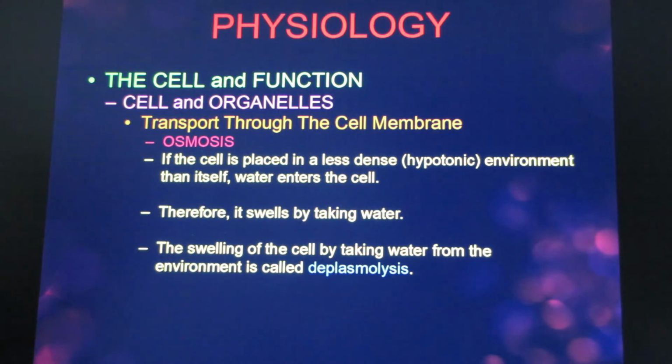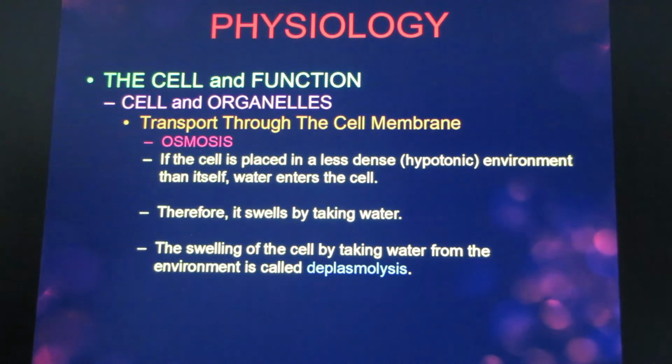And at a certain swelling, where the cell membrane cannot stand the swelling anymore, it bursts and the cell dies, which is called deplasmolysis. So the shrinkage of the cell by giving out water is called plasmolysis, and the opposite is named deplasmolysis.